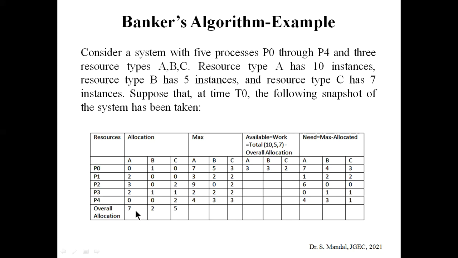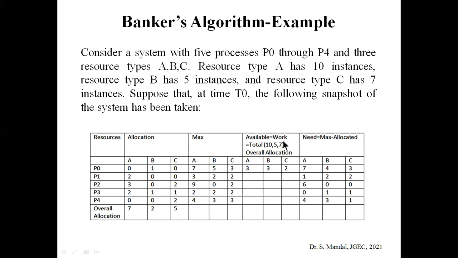So the total allocation, or overall allocation, is 7. Similarly, total allocation for B is 2, and total allocation for C is 5. So the overall allocation for A, B, C is 7, 2, and 5 respectively.